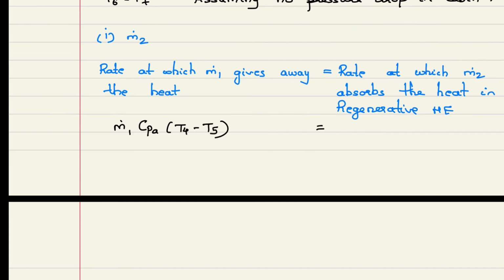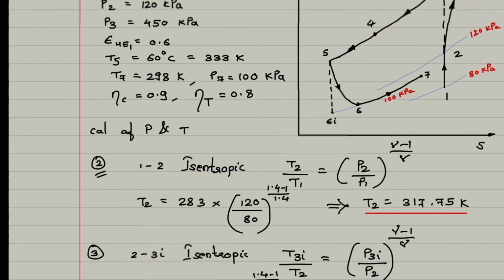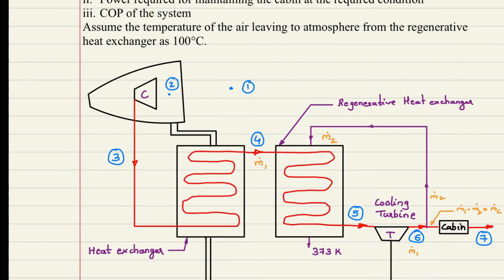is equal to, the second part we will see, m.2 Cp of air into, what is the temperature of point 6? It is 239.94. And what is the temperature over here? 373.